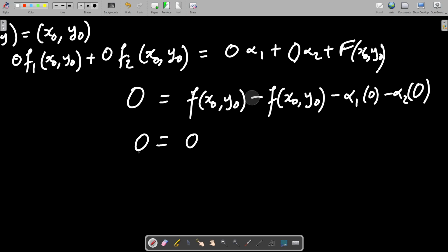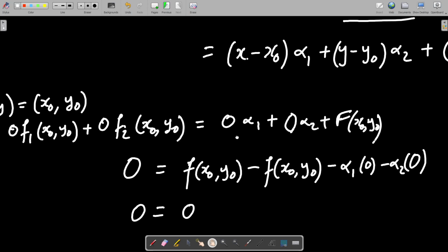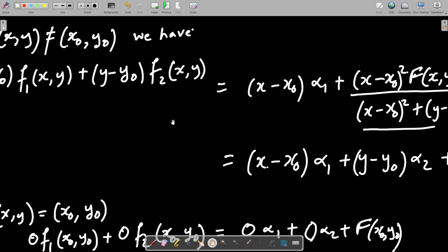So this equation which I have written on top holds true even though I had started with xy not equal to x naught y naught. It holds true for xy equal to x naught y naught because both sides become 0, so there is an equality. It would not hold true if on one side you had 5 and on the other 0 or something like that. Though we have shown that it's 0 on both sides, so the equation is true.